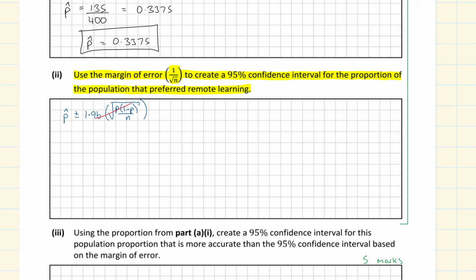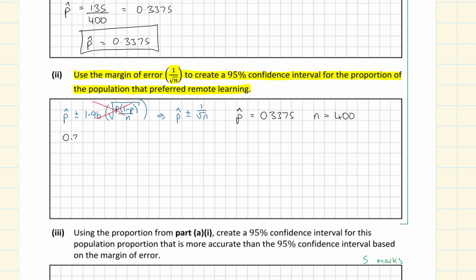They're saying they don't want this part, and instead they're looking for p hat plus or minus 1 over root n. So p hat we can carry down from part 1. That hasn't changed. It's 0.3375, and n is always your original number, so 400.